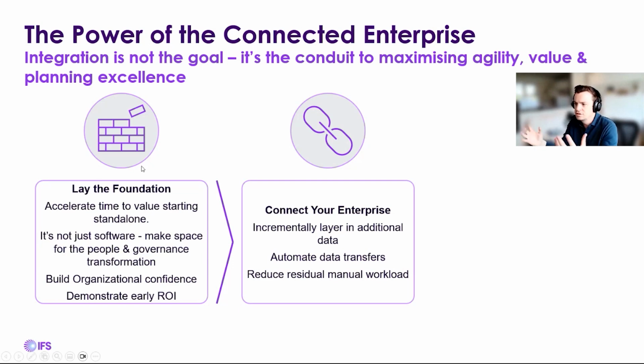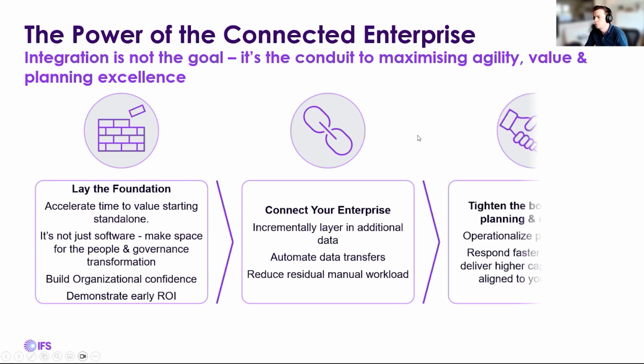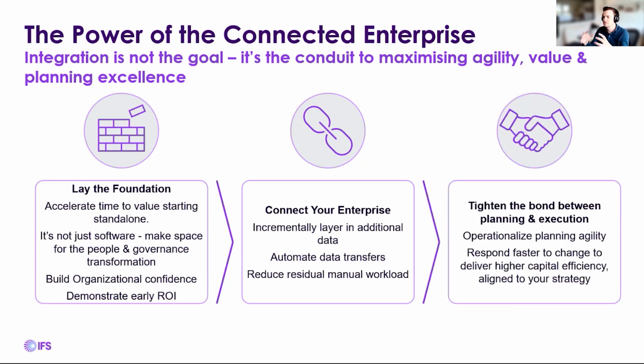And once we have started to connect that enterprise, it becomes an iterative loop where we can start to tighten that bond and tighten the relationship between planning and execution, which commonly we've seen can be quite two verticals or siloed and maybe don't necessarily interact with each other as much as they could.